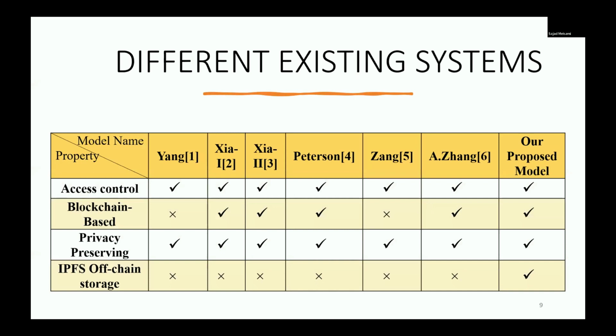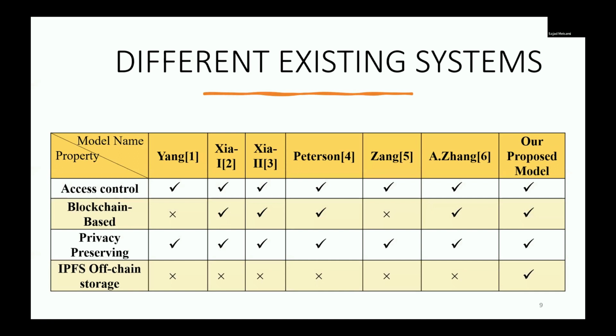Also, we have made a comparison between our proposed model and other existing systems, and we can see that we are using the blockchain. Some of them, like Yang and Zhang, do not use the blockchain, but there are several works using the blockchain in this area.